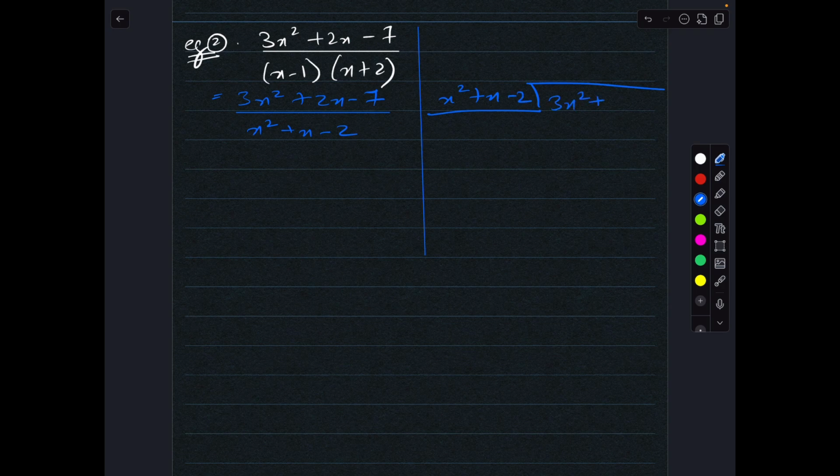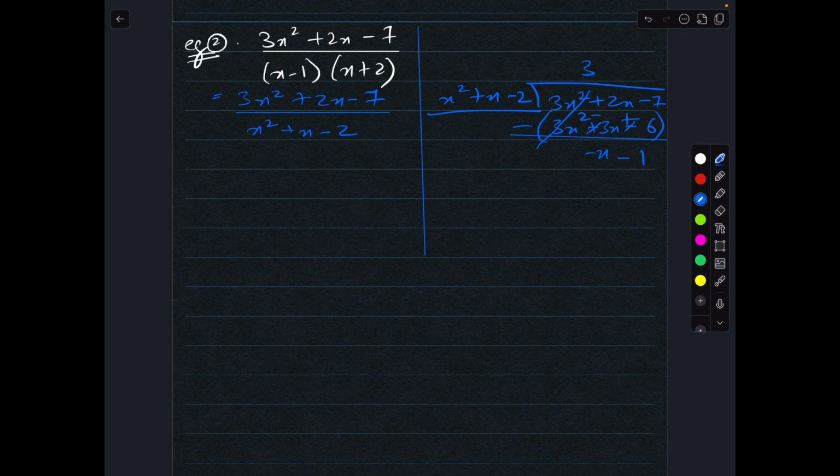And 3x squared plus 2x minus 7. So now I should have a 3 in the quotient. So I have a plus 3x and also a minus. Subtract the whole thing. 3x squares cancel out, and you will be left with minus x and minus 1.